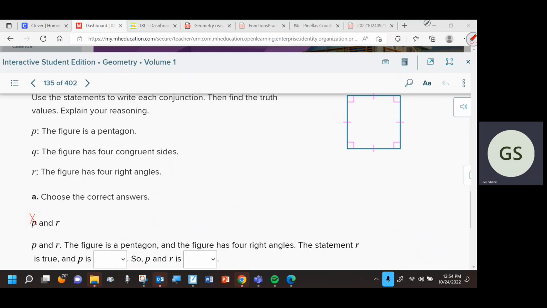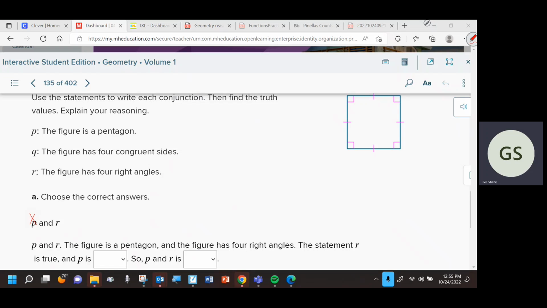If it's an and statement, what did we say has to be true? Both, right? We really don't even have to evaluate the second. We've already got one that's wrong. So if one's wrong already, we don't even need to look at R. And that's what these answers are down here. It says because P is false, P and R is false already.